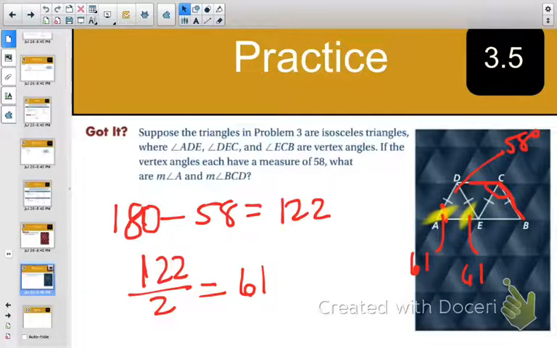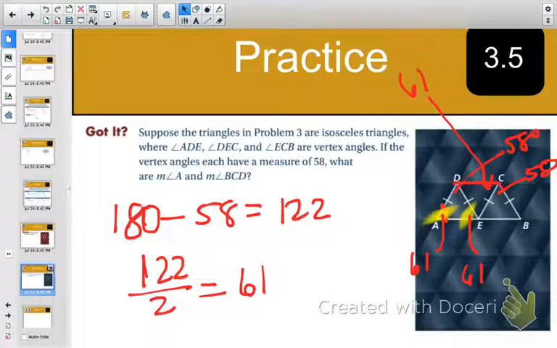Okay, so we have 61, 61, and 58, and if you do add those up, they do add up to 180, so that's good. And because all these triangles are going to be the same, just kind of flipped and flopped and whatnot, this one right here should be 58 degrees, because that's a vertex angle. This right here is a base angle, so that should be 61 degrees.